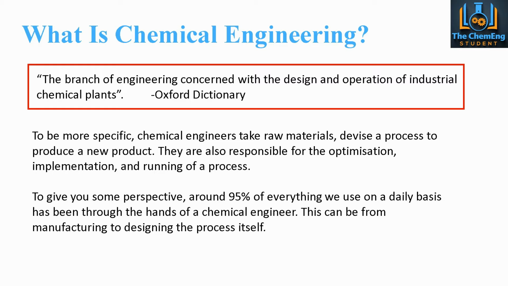I don't necessarily mean literal hands, but this can be in the form of the design of a manufacturing plant, the design of the process, the design of the equipment, the reaction that is involved in order to produce the thing that we're talking about. So chemical engineers are pretty much involved in absolutely everything.